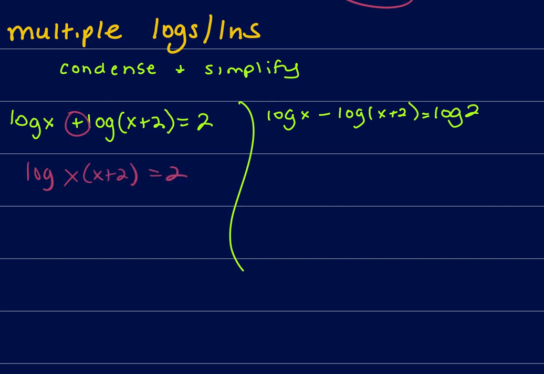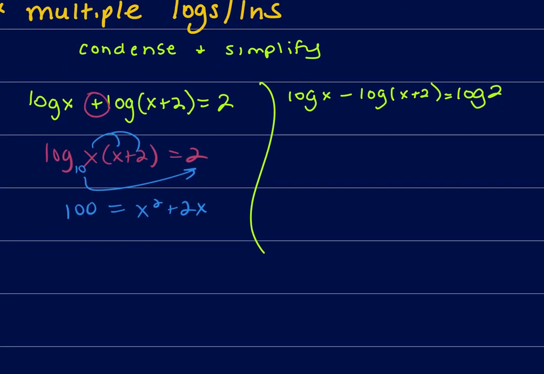Once I condense, you're either going to only have one log, so you're going to convert to exponential, or you're going to have the one-to-one where it's on both sides. In this case, I only have one. This would be log base 10. 10 to the second would be 100. Equals, I would distribute this, x squared plus 2x. 0 equals x squared plus 2x minus 100.